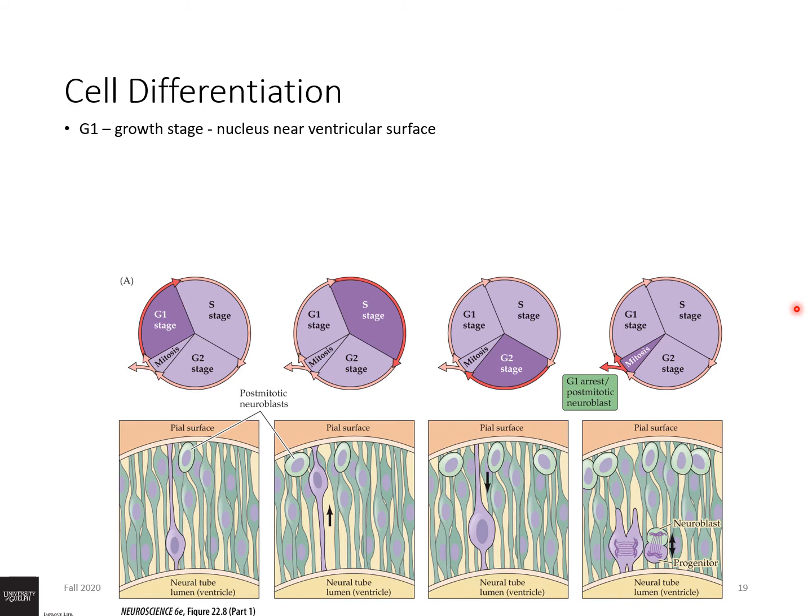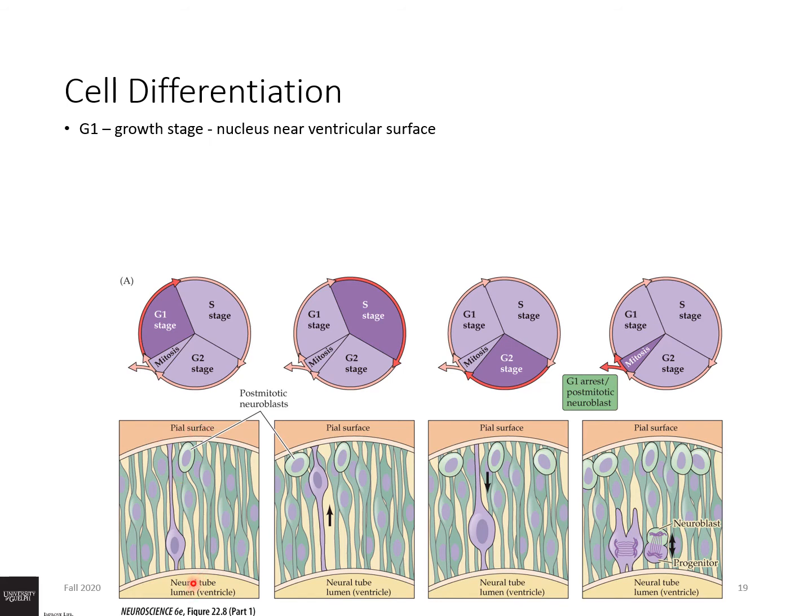So stage 1, G1, this is the growth stage. So this is when the nucleus of the cell is near the ventricular surface. So to orient you here, this is the inside of the neural tube, so the lumen or the ventricle, and this is that outer pial surface.